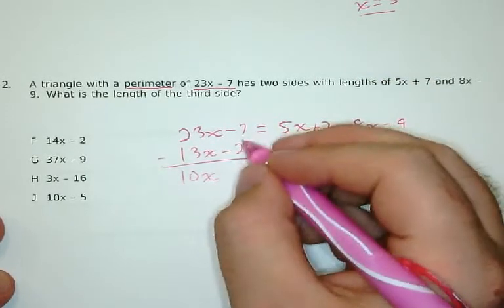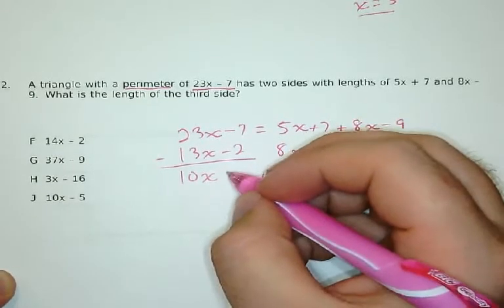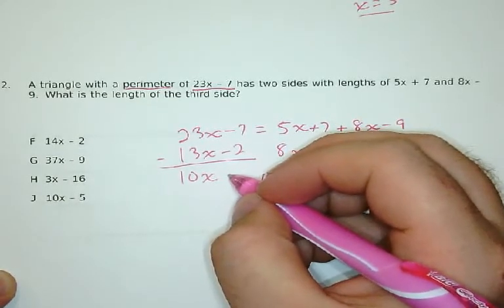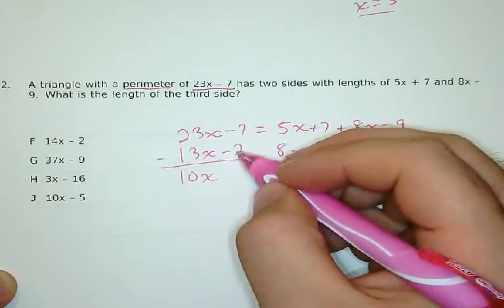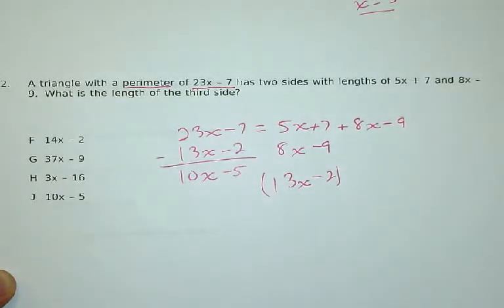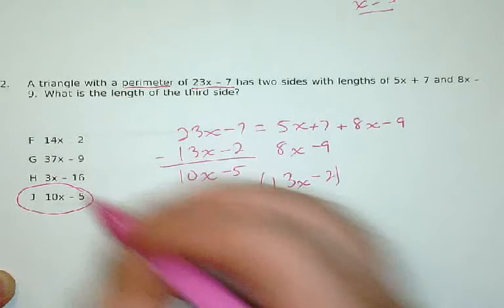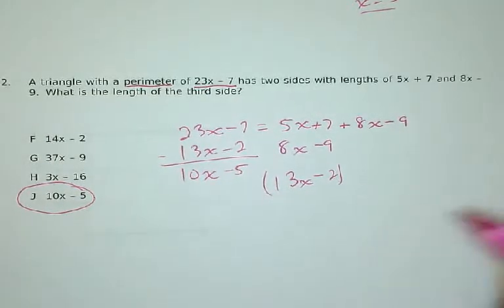I need 10 more x, and negative 7 minus 2 is going to be, to get to negative 7, if I already have negative 2, I'm going to go down 5. Which is J. So that's one way.